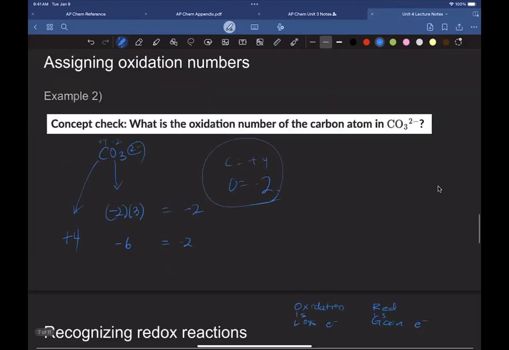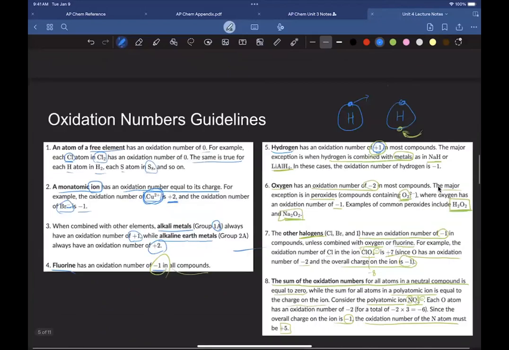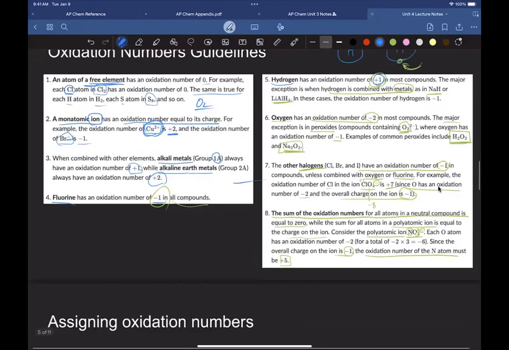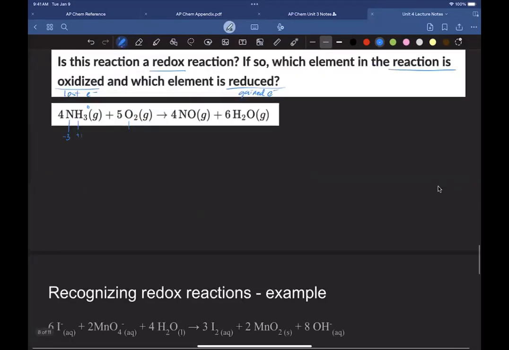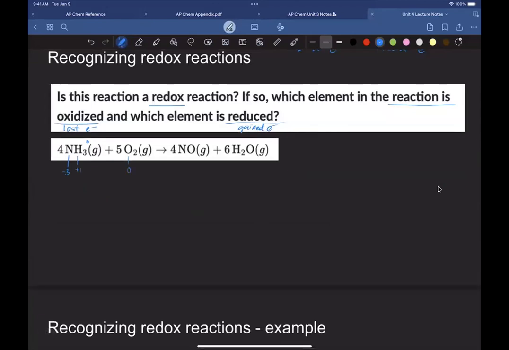We saw in the rule that since it's not combined with other elements, it's a diatomic element, bonded only to itself, so in this case it's going to be 0.